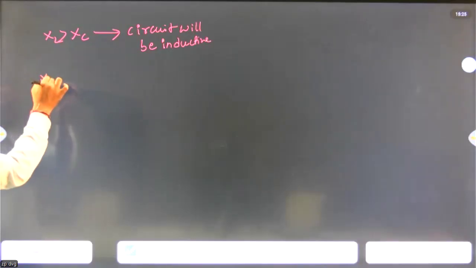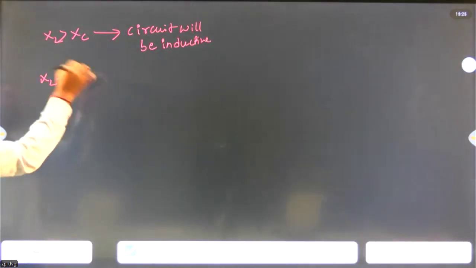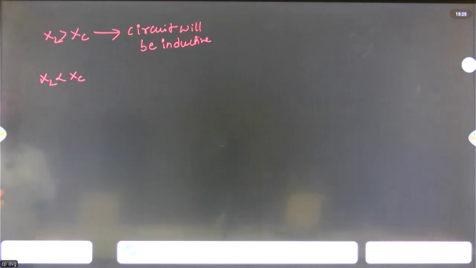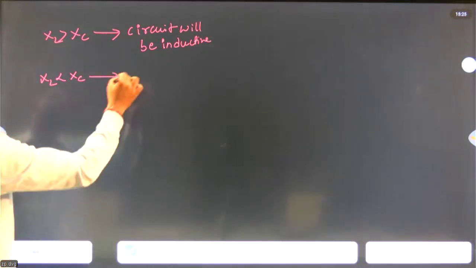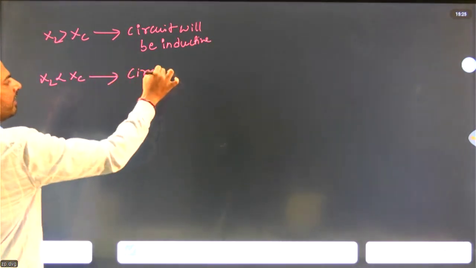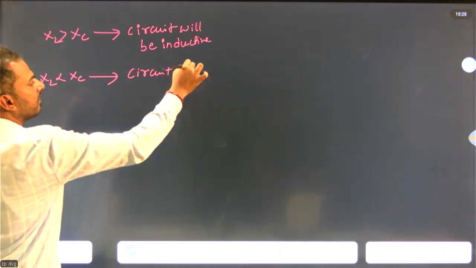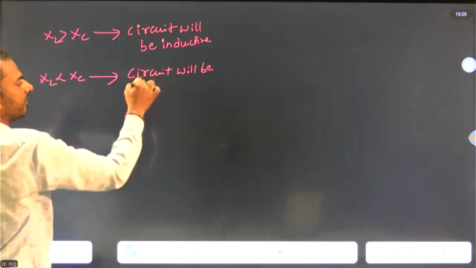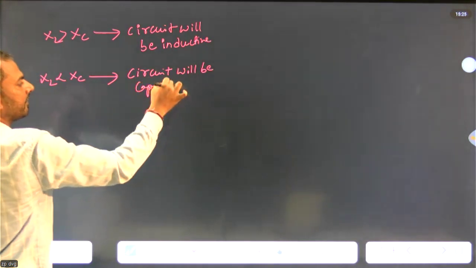If XL is less than XC, or XC is greater than XL, the circuit will be capacitive.